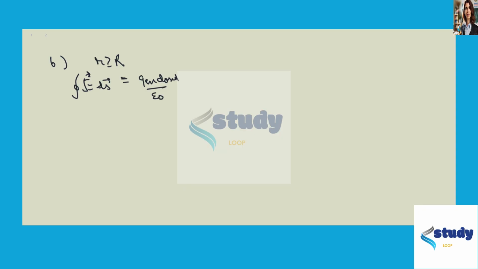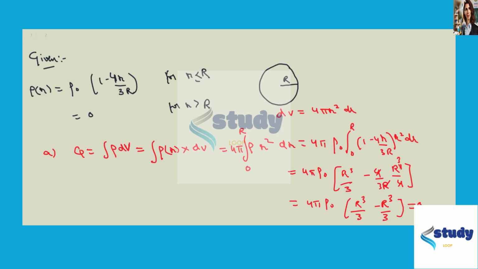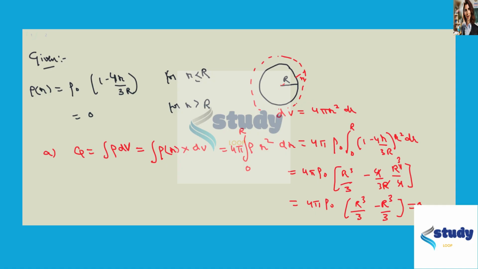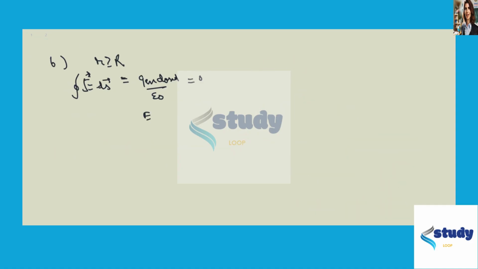Q enclosed is the total charge contained within this volume, because we are talking about a point outside the sphere. This is our Gaussian surface now. The total charge we have already found is equal to 0, and this is a symmetric configuration. That means E equals 0, so the electric field outside is 0.